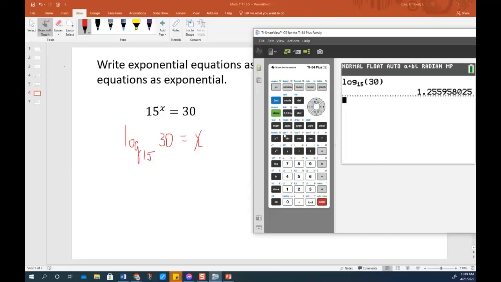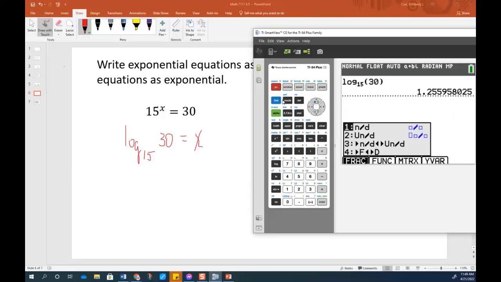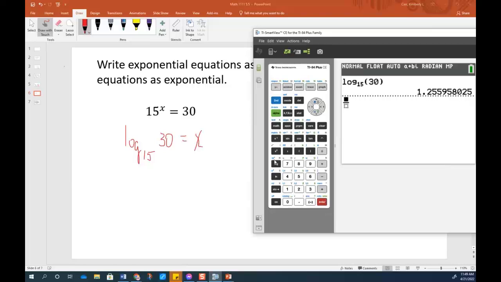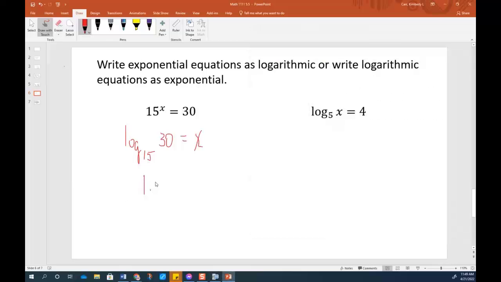This is the exact same answer we got earlier when I put it like a fraction, and I put log of 30 over log of 15. So in the other one, the very first thing we did was take a log of both sides, and here we're doing a rewrite, but they get the exact same answer. So it doesn't matter which way you do it. This one is 1.2560, and that's the approximate answer.